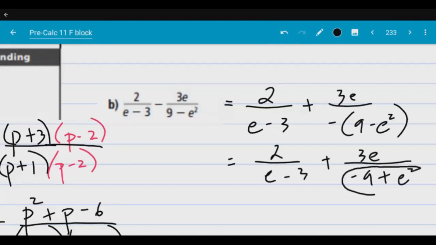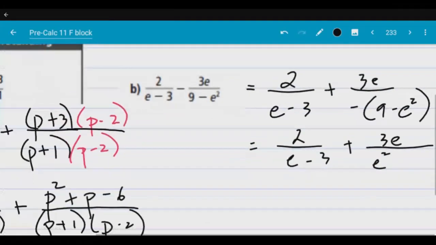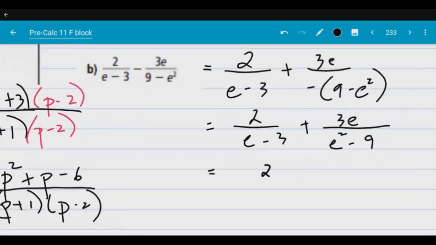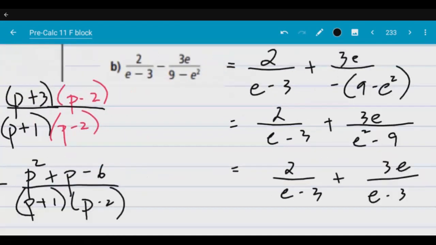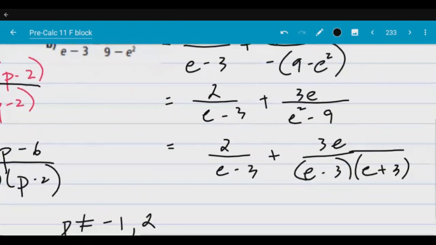If I rearrange this, I will have e squared minus 9, which is what I want, right? So I have 2 over e minus 3 plus 3e over e minus 3. Oh, sorry. I keep on doing that, okay? Times e plus 3. All right, when that happens, I'm just touching the screen, and I'm sorry, okay?